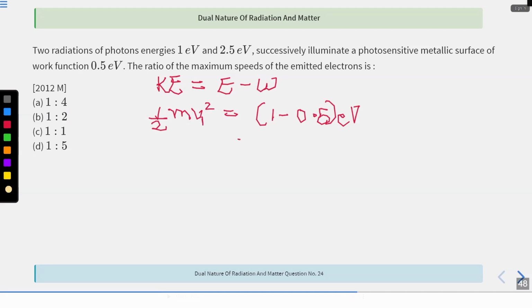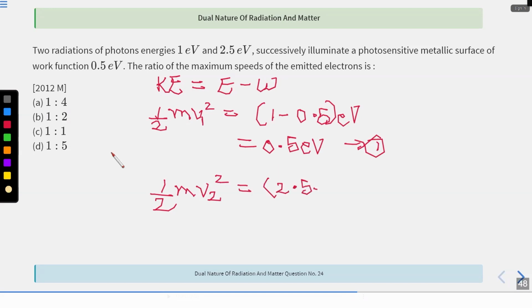And that's nothing but 0.5 eV. Okay, this is equation 1. And then again, half mv2 square is equal to, there's another one, 2.5 minus 0.5 eV. And that is nothing but 2 eV, right? So we have equation 1 and equation 2.